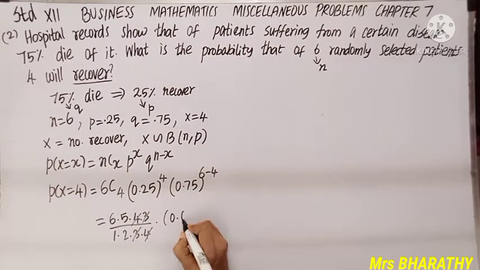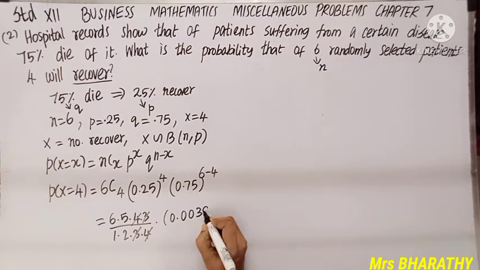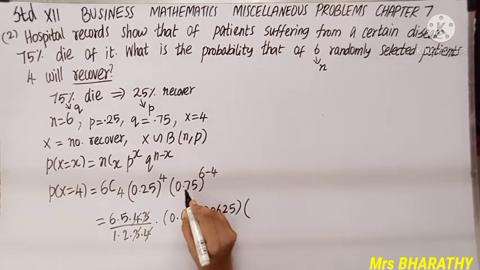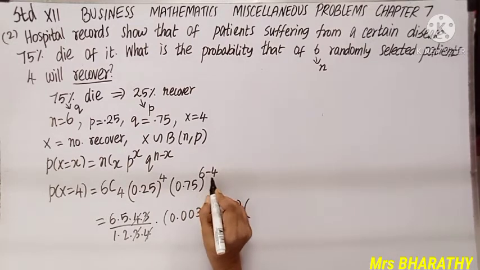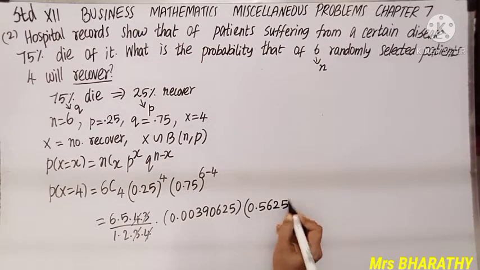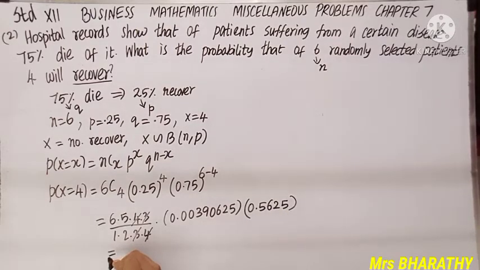It is 0.00390625. 0.75 power 6 minus 4 is 2. It is 0.5625. As we multiply and simplify, we arrive at 0.03295. So this is exactly 4 to recover.